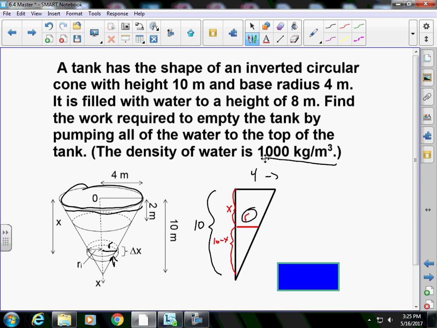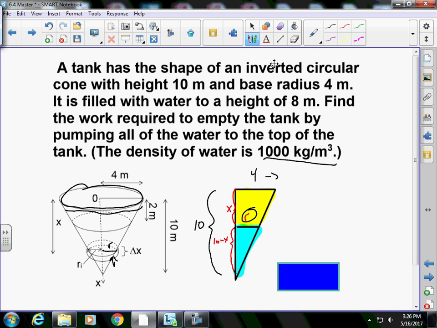If I move down x units, then the height of this triangle here, which I'm going to highlight, is 10 minus x. Then I have another triangle, which is the yellow and the blue together, which is 4 by 10.